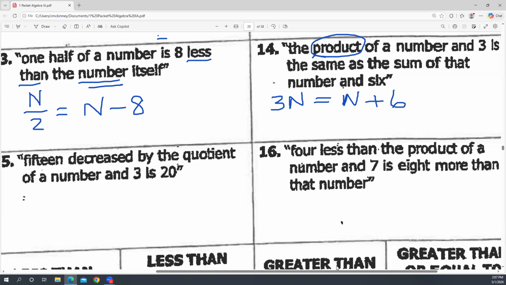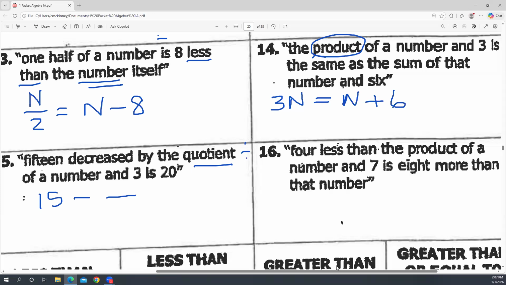Okay, I might have said number 3 and that's actually number 13. So hopefully that didn't lose anybody a couple problems ago. Number 15: 15 decreased by, so we're going to subtract something from 15. What are we subtracting from 15? The quotient. A division, we typically write that as a fraction.